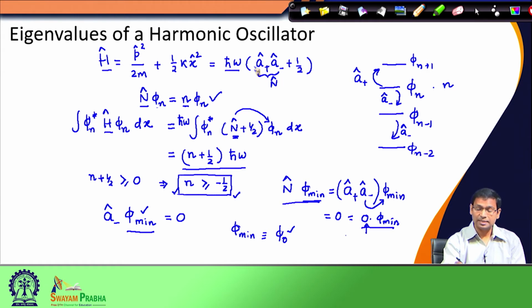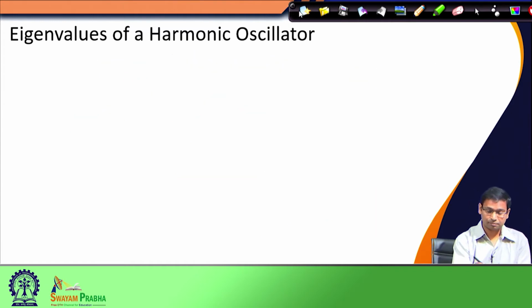The Hamiltonian operator is closely related to this n operator. So, now we have seen that the lowest eigenfunction of the n operator is phi 0, but now the question is what would I get when I apply this Hamiltonian on this lowest eigenfunction. This we will look up next.